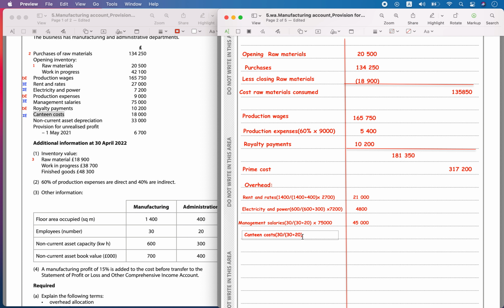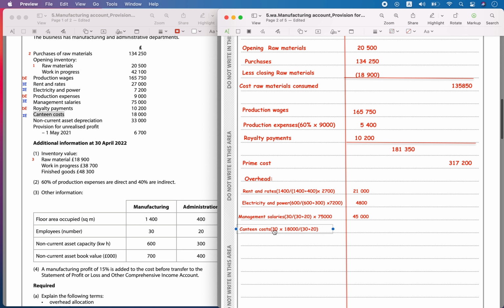The total cost is 18,000, this 18,000 is at the top. You can write it as 30 into 18,000 divided by 30 plus 50 if it is confusing. Then the value is equal to 10,800. So this much will be transferred to the manufacturing.